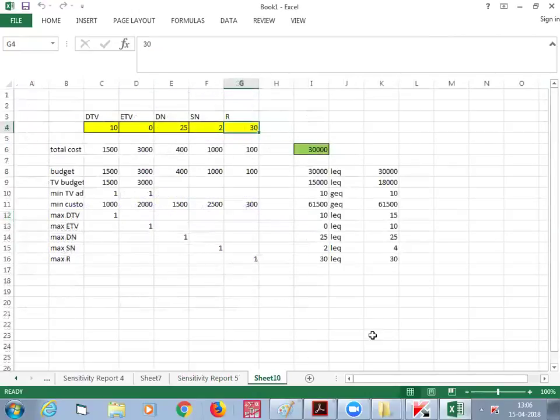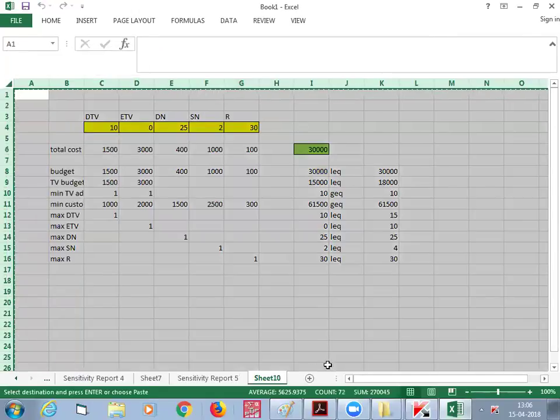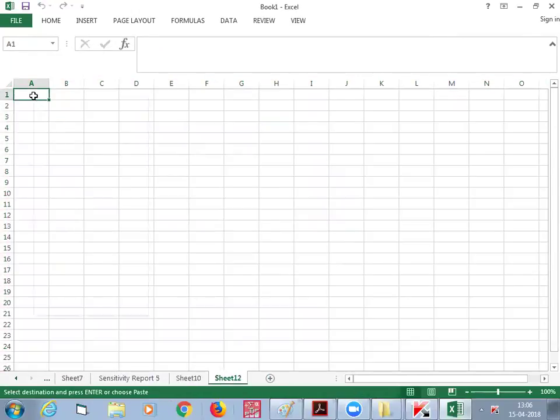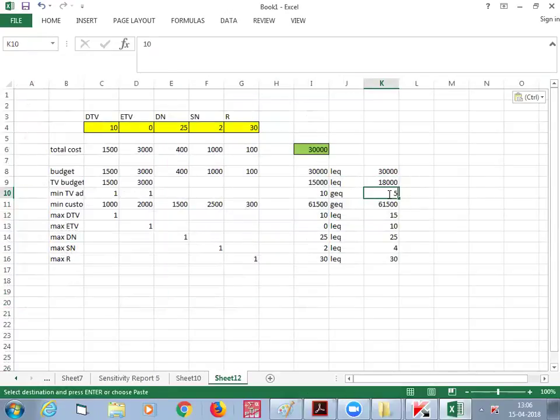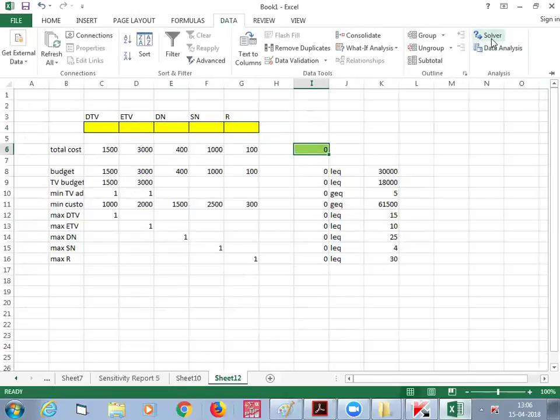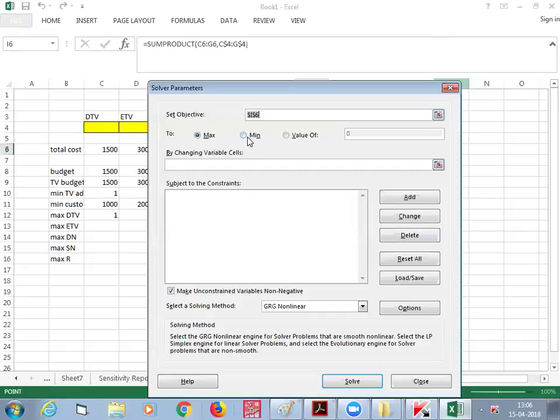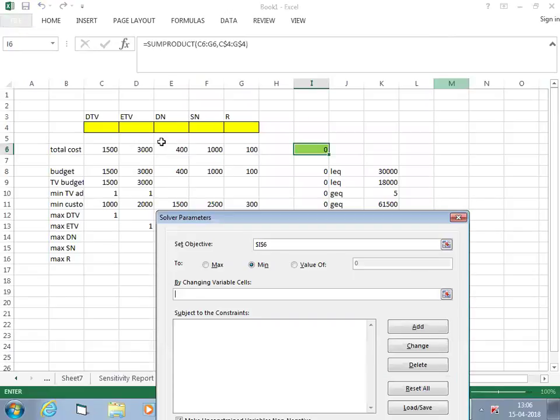I'll just do this again actually, so that it doesn't disturb this thing here. So now I'm requiring this to be only 5. What happens to our solution? Now the TV requirement has come down, so our cost will come down. So minimize cost.